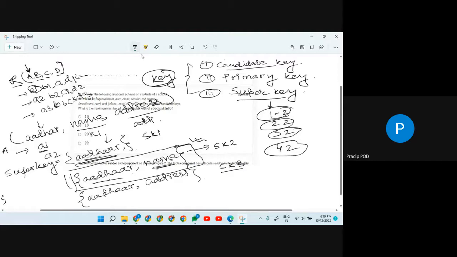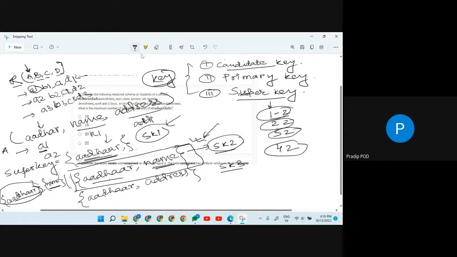Aadhaar card is one proper subset of this super key, and another is name. You have to check whether Aadhaar is a super key or not, and whether name is a super key or not. So here you can see Aadhaar is also a super key, right? So this is not a candidate key. SK2 is not a candidate key, but this SK1 is a candidate key.